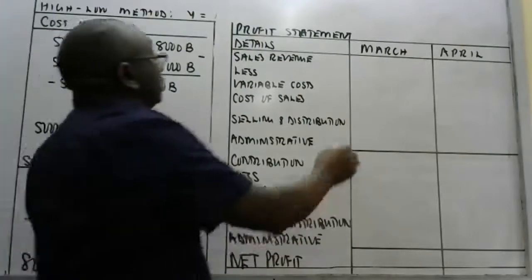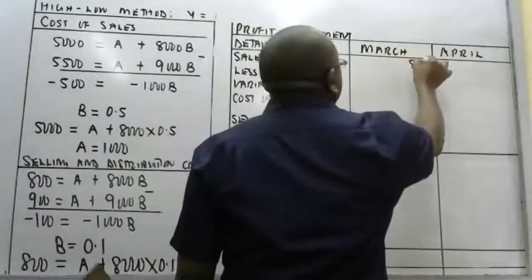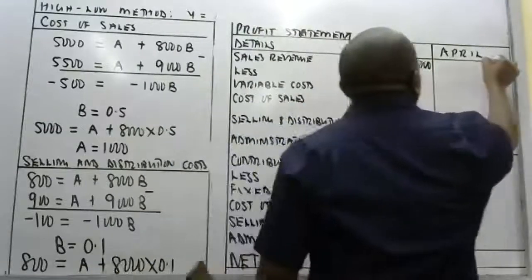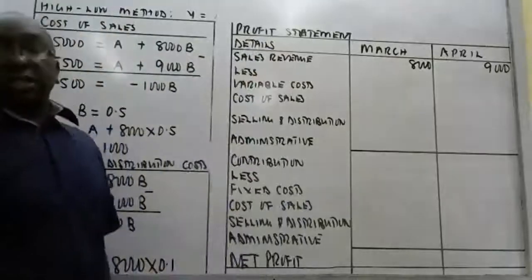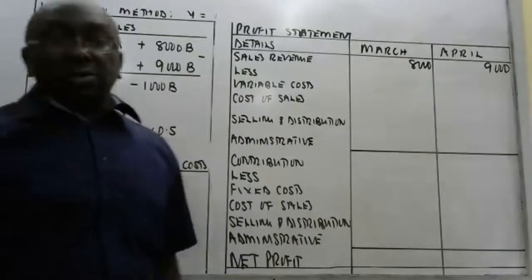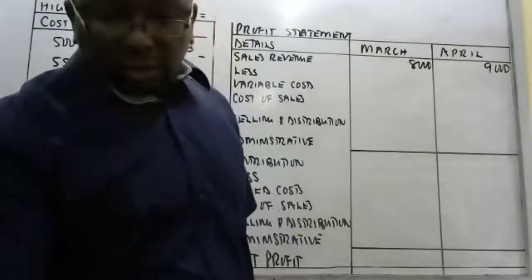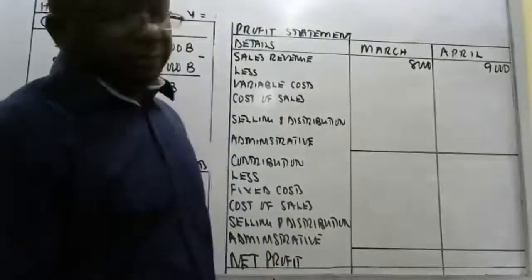Sales revenue, this one we know is 8,000, and this one we know is 9,000. So what you notice here is that it's not a must to have units. You can also use shillings.